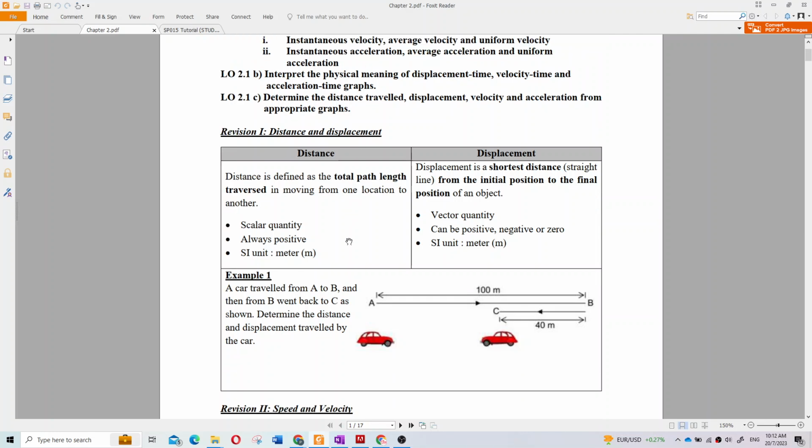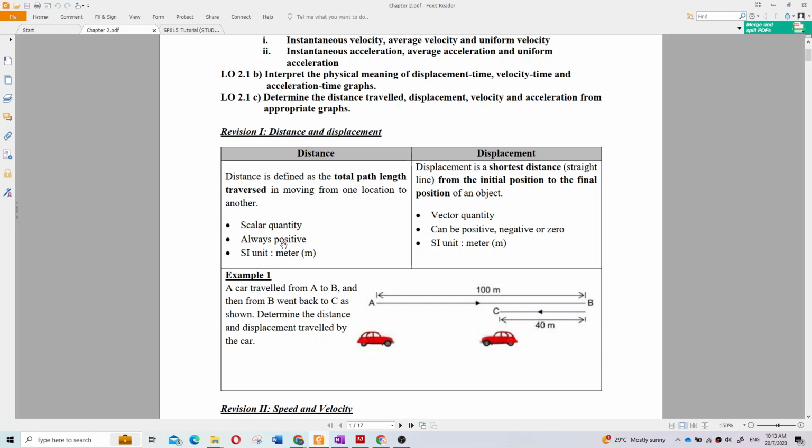Okay, so the difference between distance and displacement. In short, distance is a scalar quantity. We have learned this in chapter 1. Displacement is a vector quantity. Distance is the total path length traveled from one location to another.